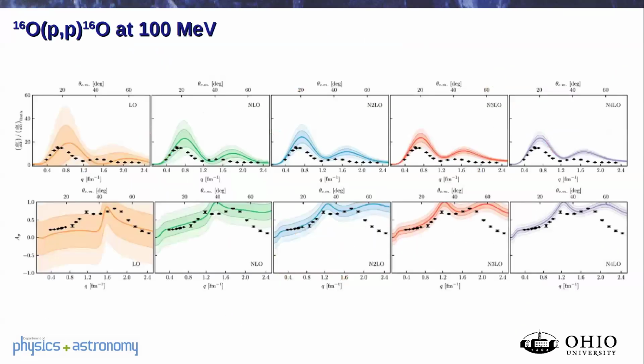This is at 100 MeV. If you go higher, up to here, the calculations are totally consistent. So LO density with LO interaction, NLO density with NLO interaction, N2LO density with N2LO interaction.